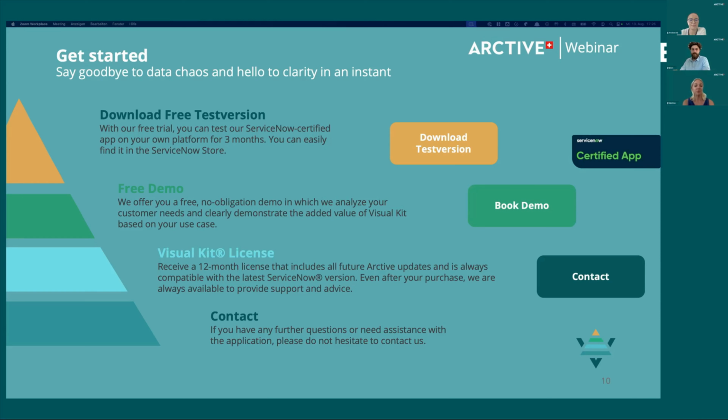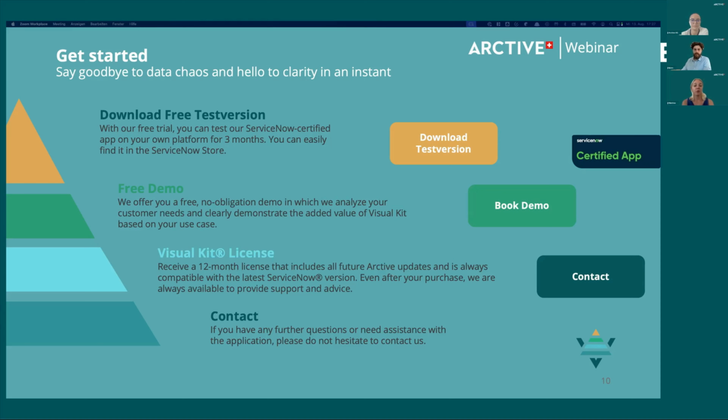After that, maybe during these 3 months or maybe after it, we're very happy to help you. So if you need assistance in getting all the value that VisualKit could give you, we're happy to help. So after understanding what your use cases are, we would like to show you in a free demo what the possibilities are.